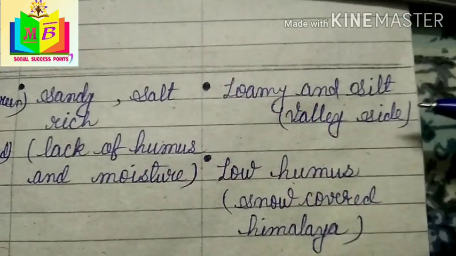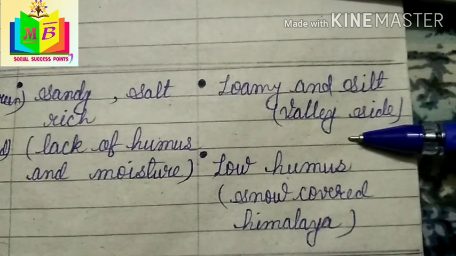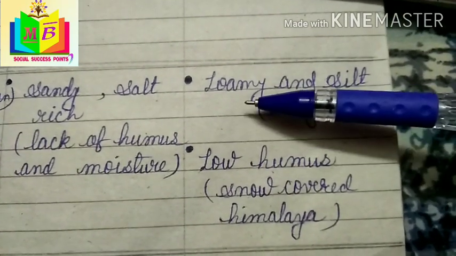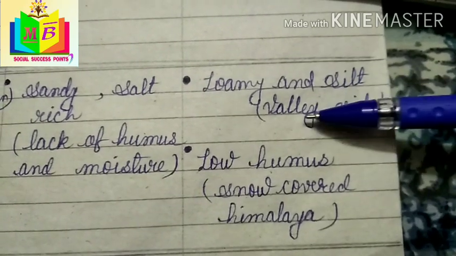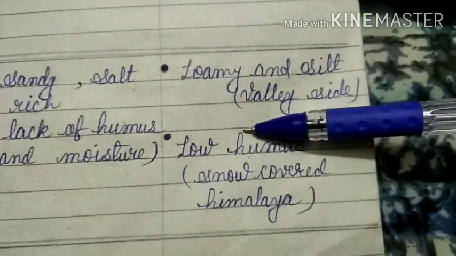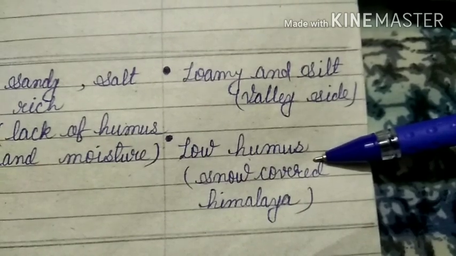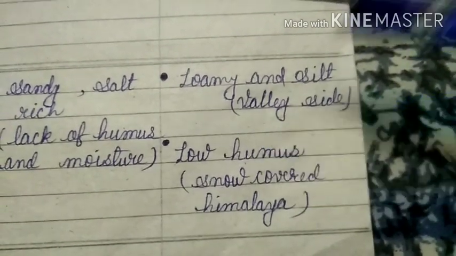If we talk about the composition of forest soil, it is composed of loamy and silt in valley side, and it contains low humus when the Himalayas are covered with snow.